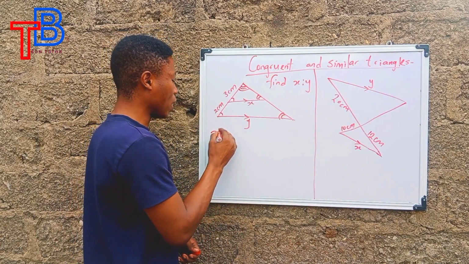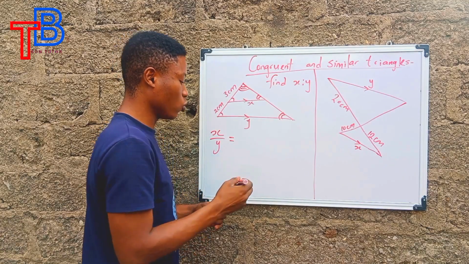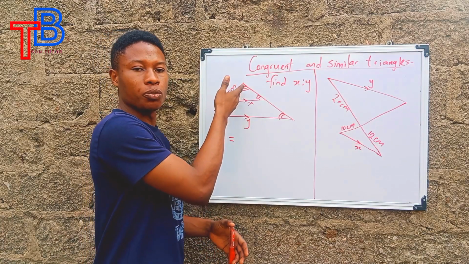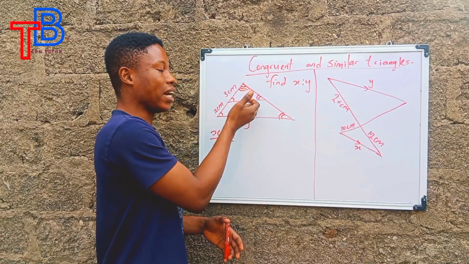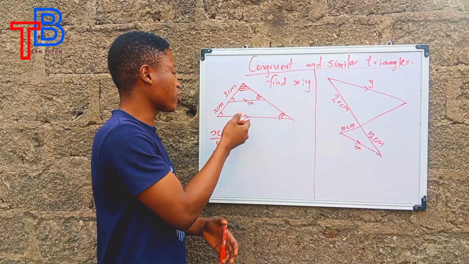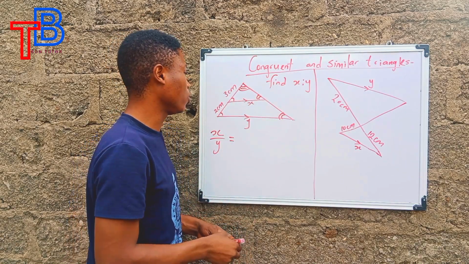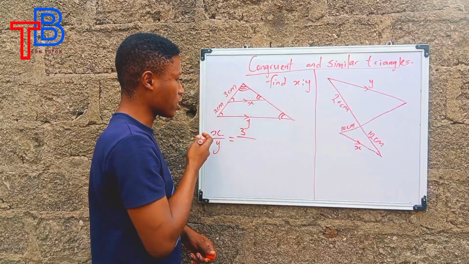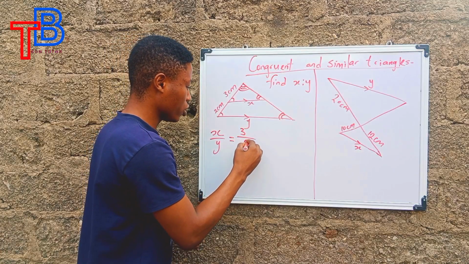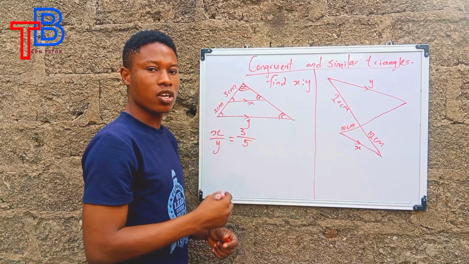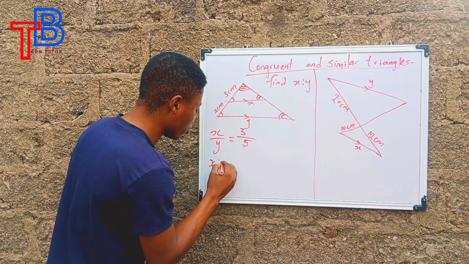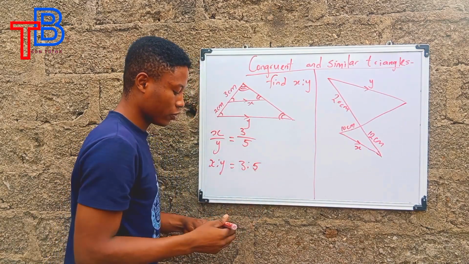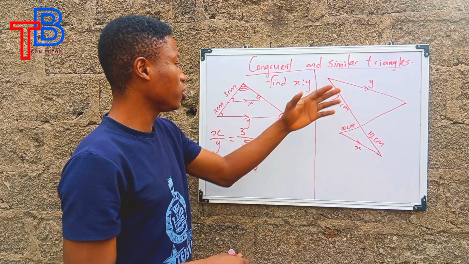So x ratio y is the same thing as saying x over y equals, let's look for the side of this small triangle which has the size x here, that is also corresponding to the given size of the whole big triangle, and that will be this 3, over the whole size which is corresponding to it, which is 5, because 3 plus 2 gives us 5. Therefore we can say our x ratio y is equal to 3 ratio 5.